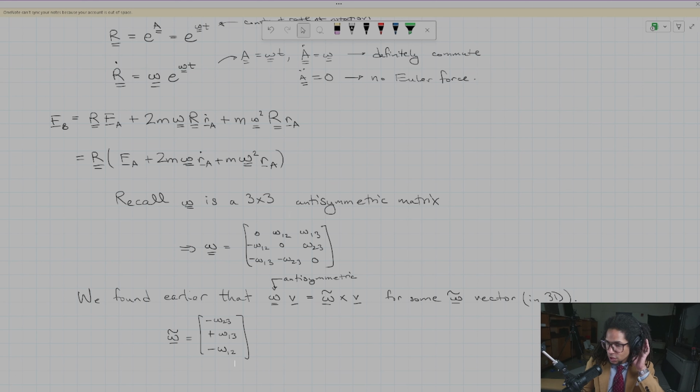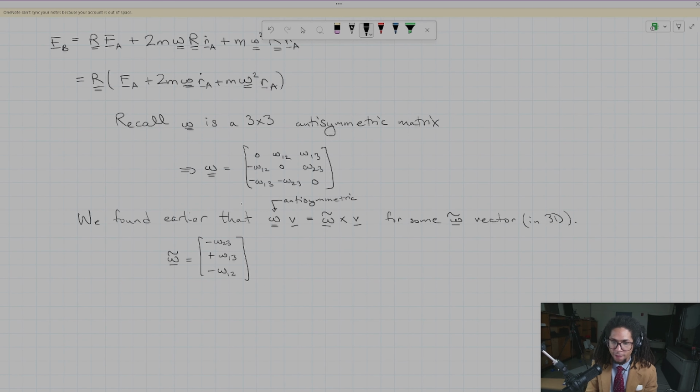Okay, so actually we can go back here and rewrite these equations if we want. We have that FB is equal to our rotation matrix times FA plus 2m omega tilde cross RA dot. Now for this next term, we have omega squared. What that is going to involve is taking the cross product twice.